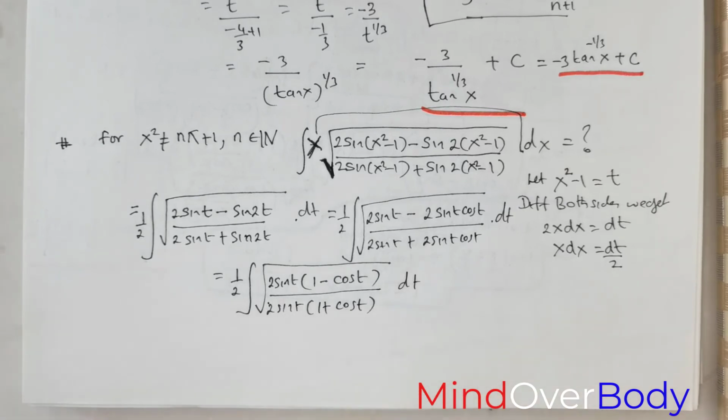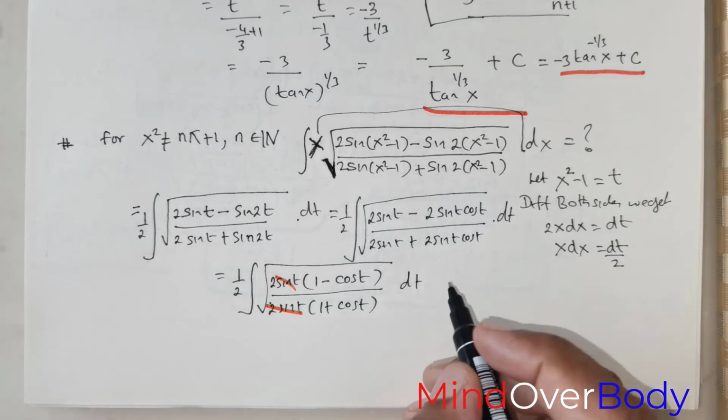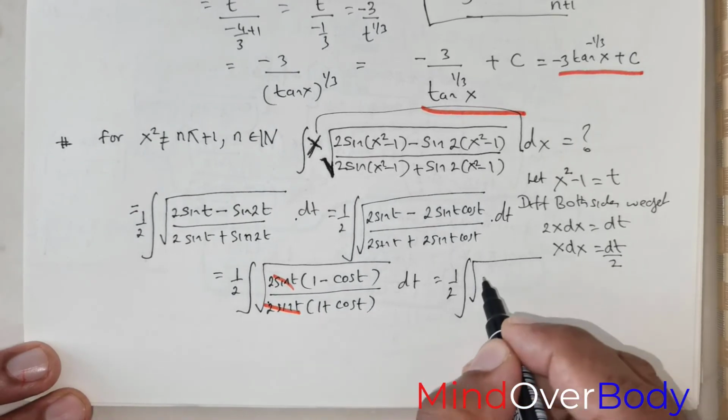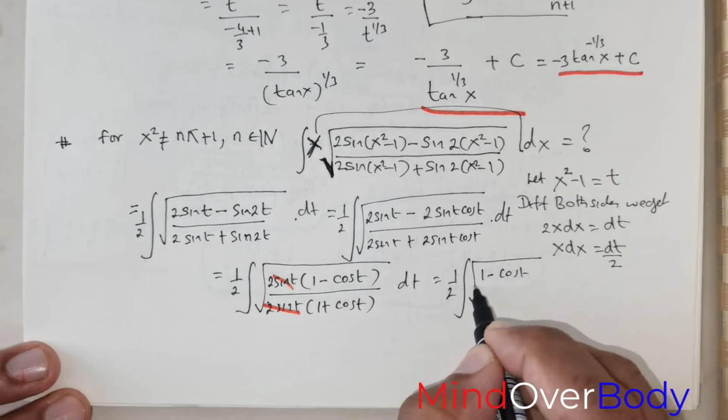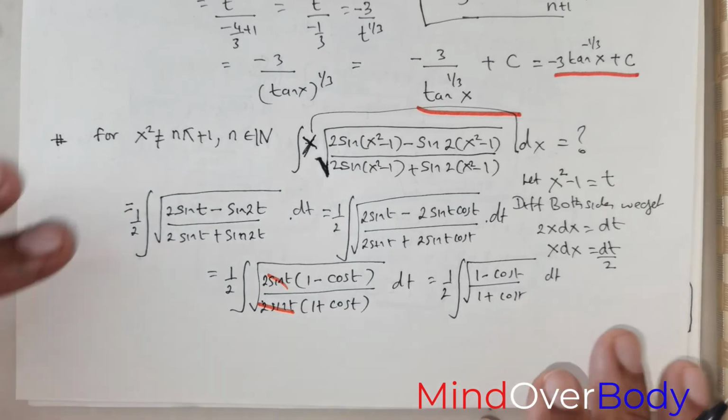2 times sine t can be cancelled. That in turn would give me 1 over 2 times integral square root of 1 minus cos t over 1 plus cos t times dt.